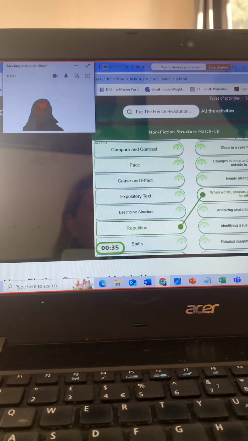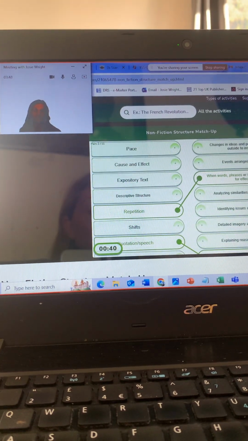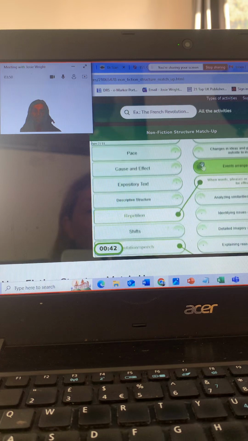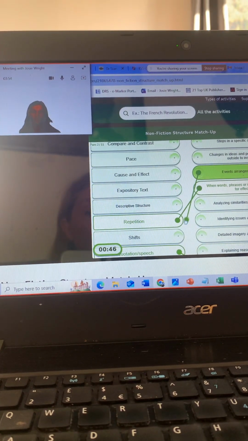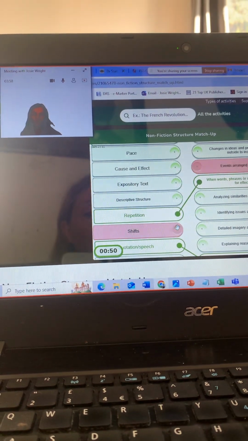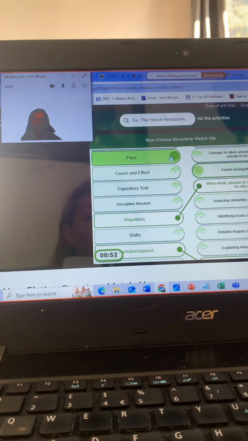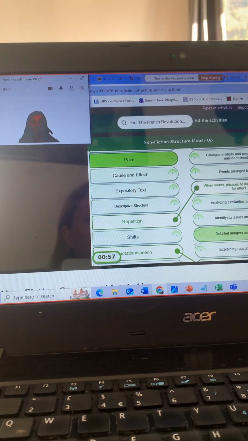Changes in ideas and perspectives. What could that be? What do we think that might be? No, not a shift. Okay. Events range by time.